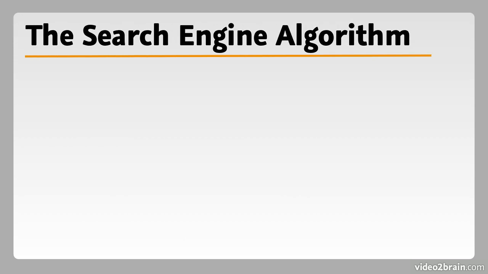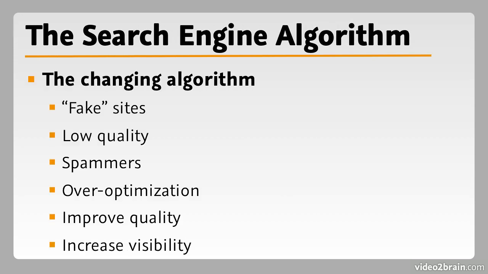Now, the reason why the algorithm changes so much when we talk about quality, a lot of times people try to create their own backlinks, their own links from other sites, by creating thousands of low-quality, fake websites with links to their website. The search engines have to somehow improve their quality by finding these sites and getting them out.